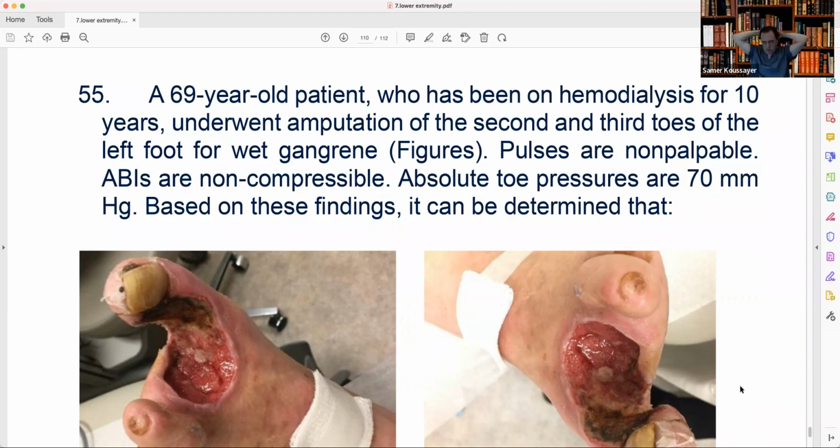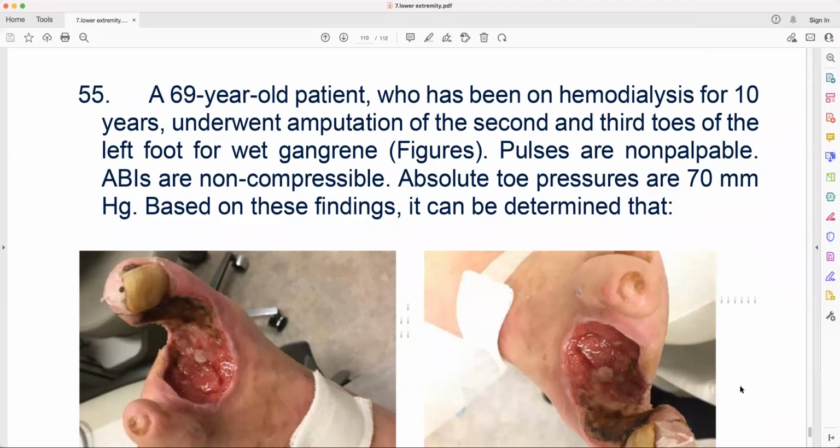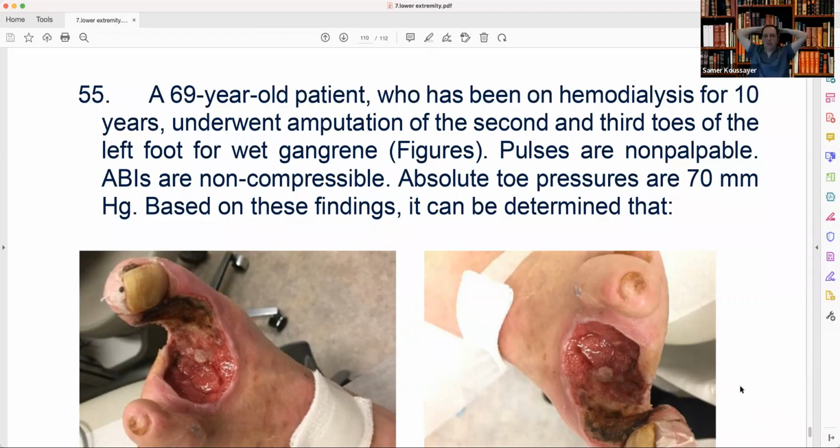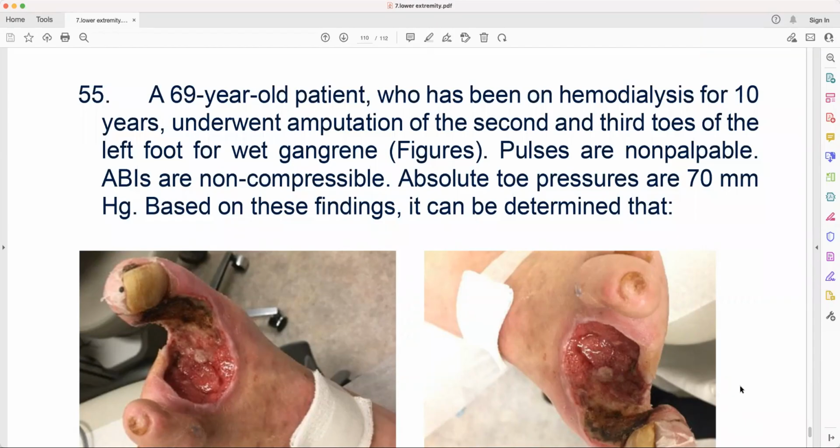So this patient seems to have ischemia even in the big toe, and gangrene. But the wound is clean. Look at this wound. Okay, you're in the clinic and you get this wound. How is the granulation? Is it good or bad? The granulation is good. So what does that tell you?